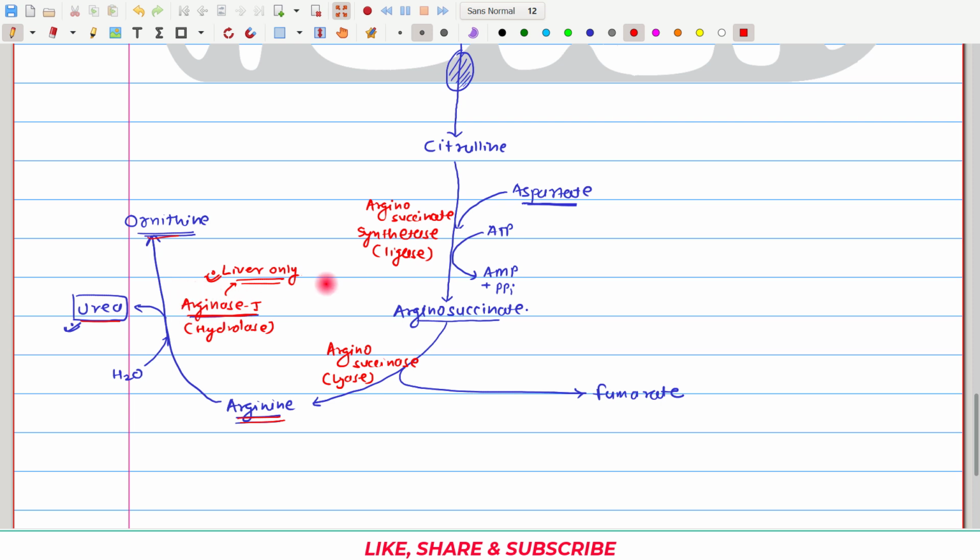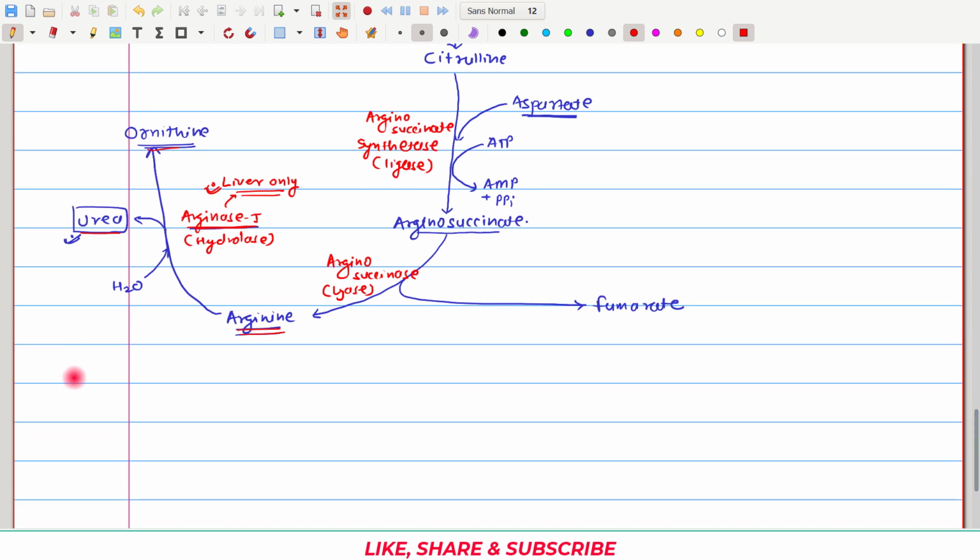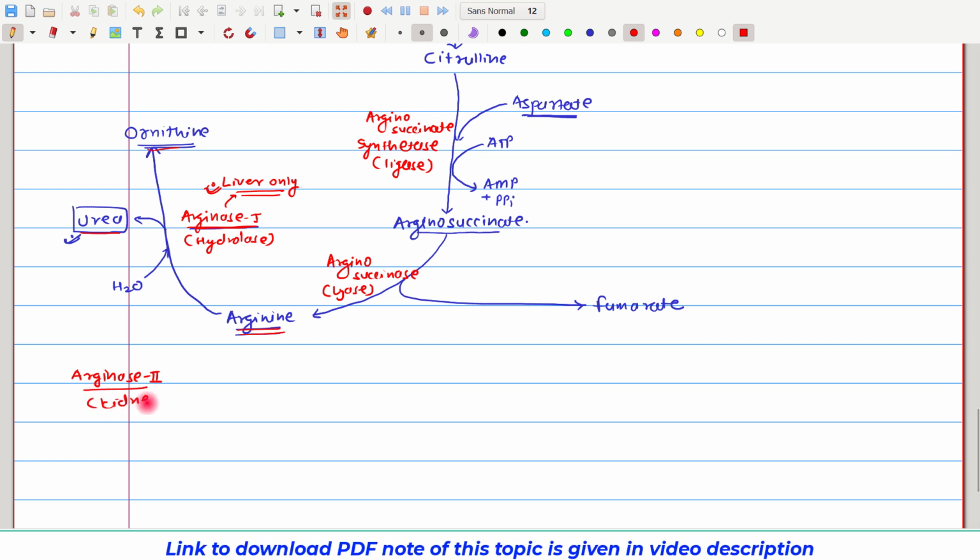Now, a similarly named enzyme also occurs in the kidney, which is arginase 2. But in the kidney, the role of arginase 2 is not for the production of urea. Rather, arginase 2 in the kidney controls the availability of arginine for the synthesis of nitric oxide. So, its role in the kidney is entirely different. This thing we have to keep in mind.